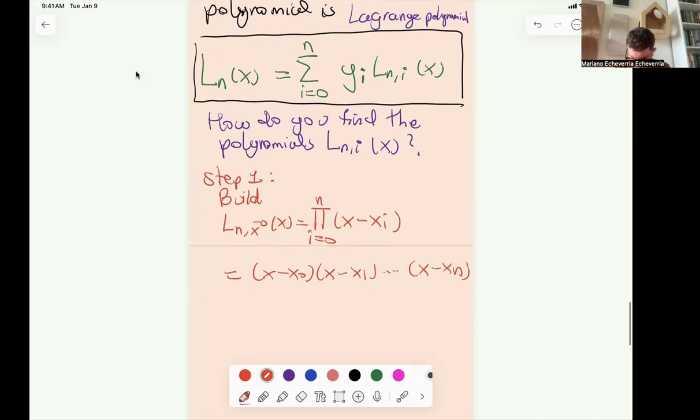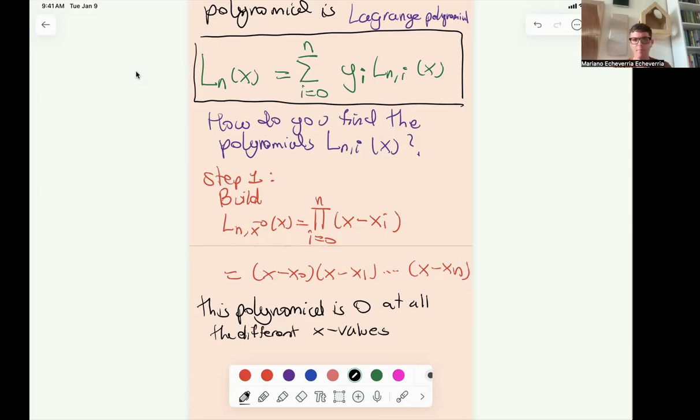Okay, so this polynomial is zero at all the different x values, and basically the idea is that once you have it, you remove one term at a time.